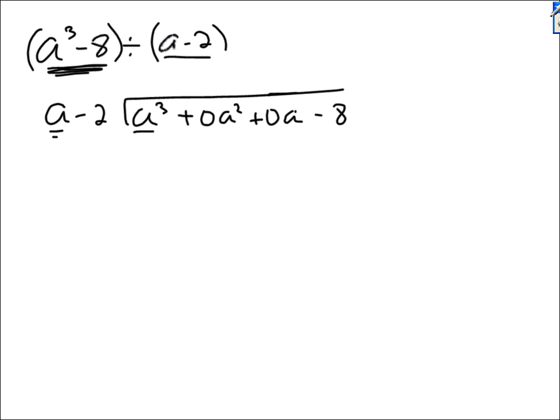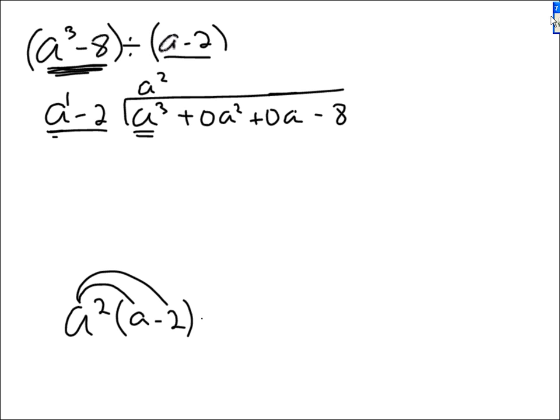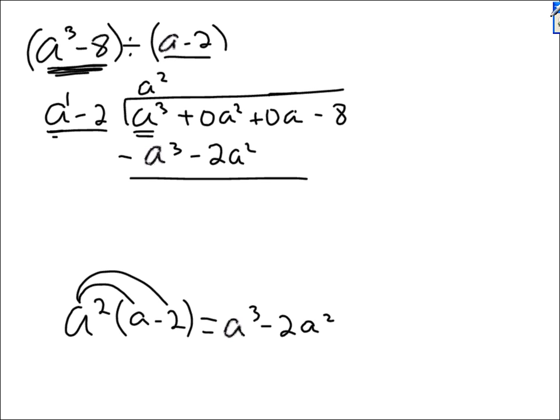A times what gives you a cubed? 1 plus 2 gives you 3. So a times a squared gives you a cubed. Now you take the a squared on top, you multiply it by what's in front, you get a cubed minus 2a squared, and you subtract that. Notice the a cubed and the a squared are lined up.